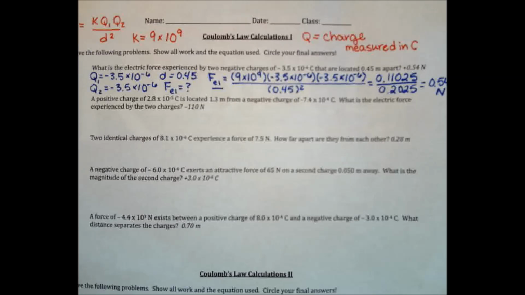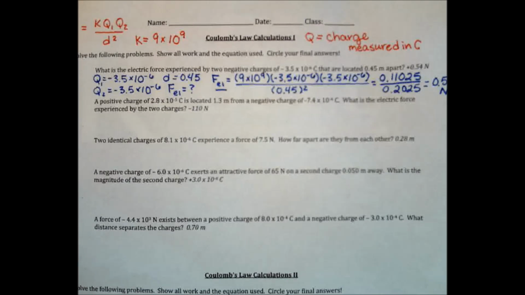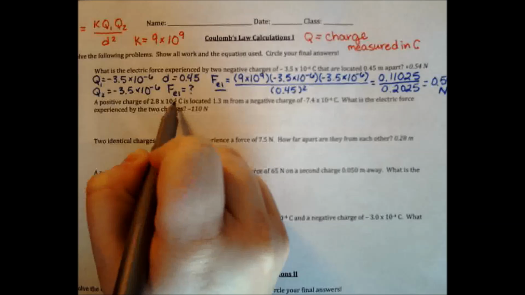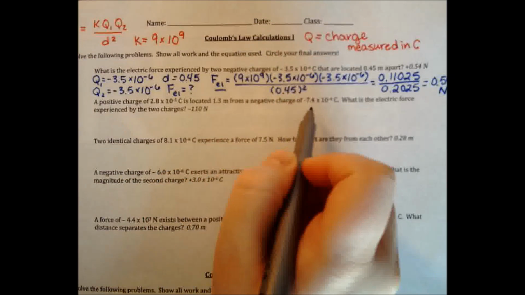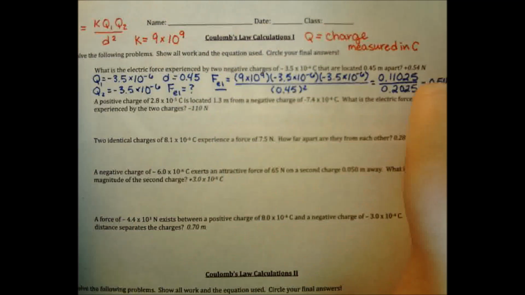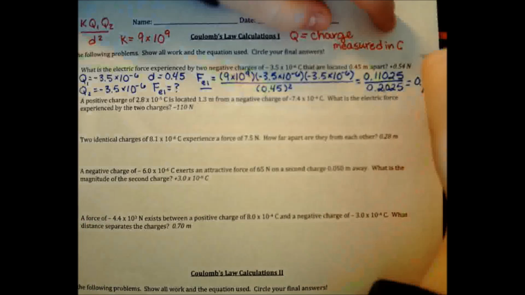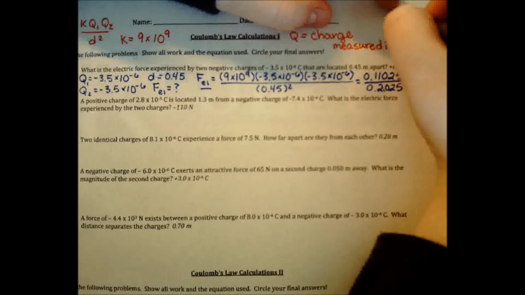Alright. Next we have a positive charge of 2.8 times 10 to the negative 5th located 1.3 meters from a negative charge. Oh, let me stop myself for a second. This answer is a positive number, which actually means that this is a repulsive force.